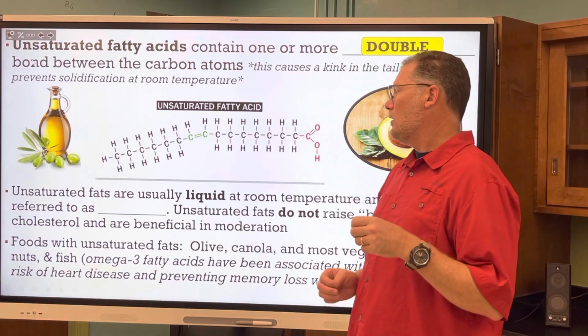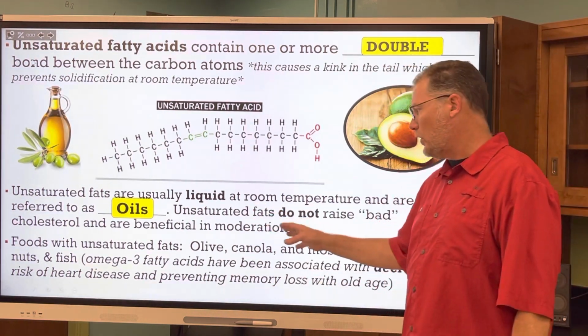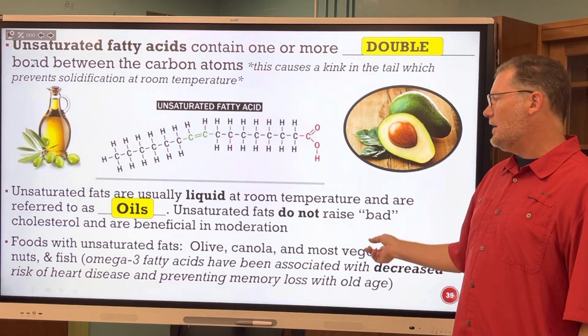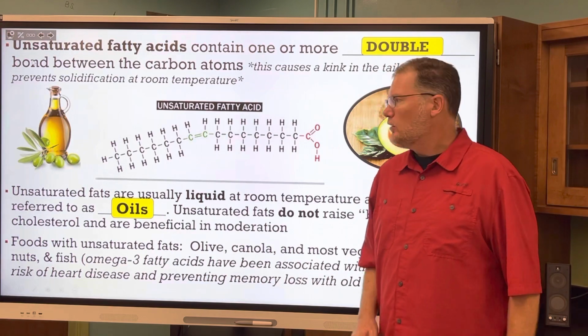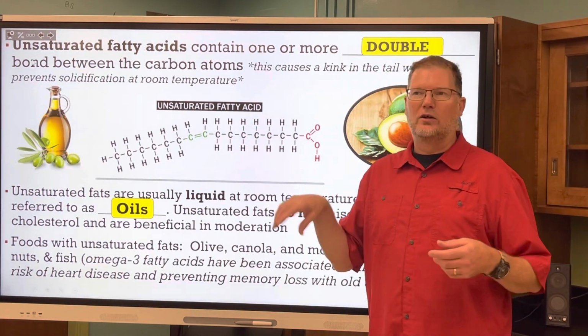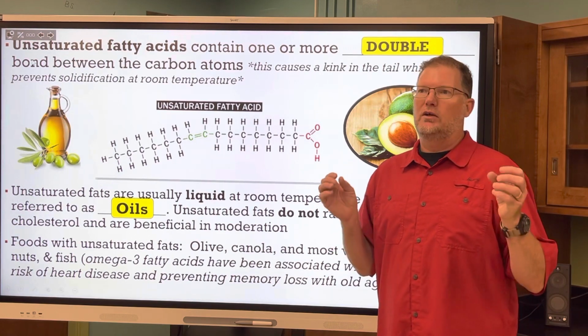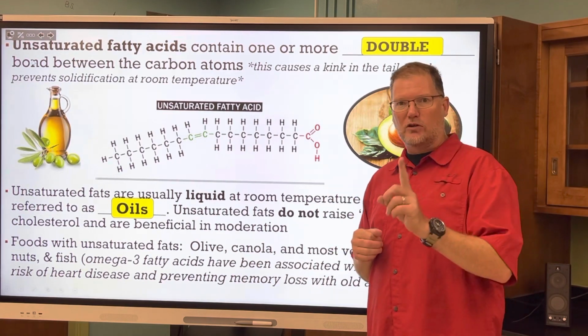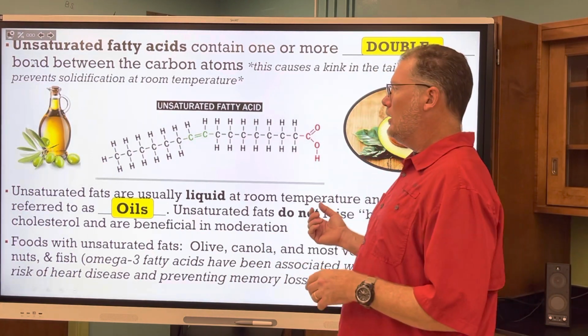All right? Referred to as oils, so unsaturated fats do not raise the bad cholesterol and are beneficial. See this? In moderation. You can't just pour oil, cook everything in olive oil. It's still not going to be good for you. Although it's better than cooking everything in butter and in lard, which is pig fat.